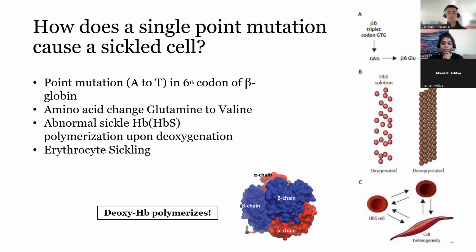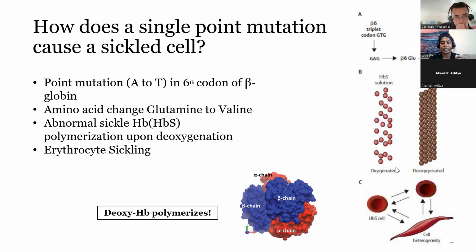And essentially what happens is when the hemoglobin, or sickle globin as we call it when it has the mutation, is deoxygenated, it polymerizes. So when it's oxygenated, it's fine, you can see here. But when it's deoxygenated, it polymerizes and makes the cell sticky.